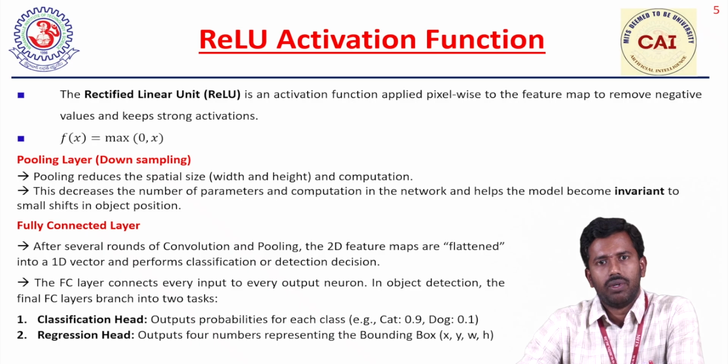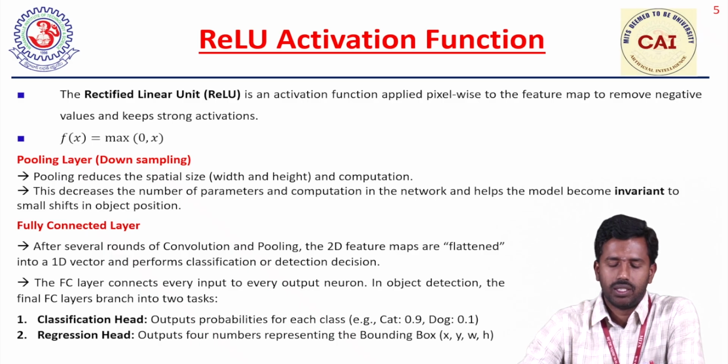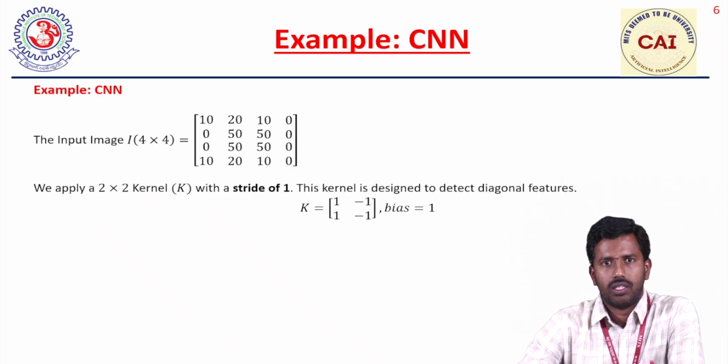There we convert the 2D features into one dimension. In the fully connected layer, we apply classification, whether binary or multi-class, or regression. There the model gives logits to decide what is in that image.